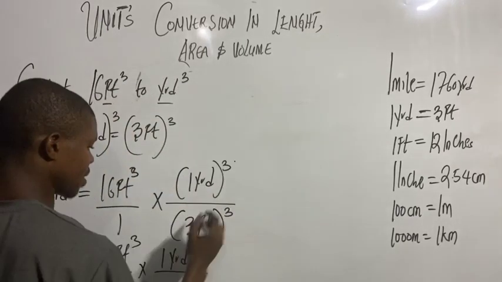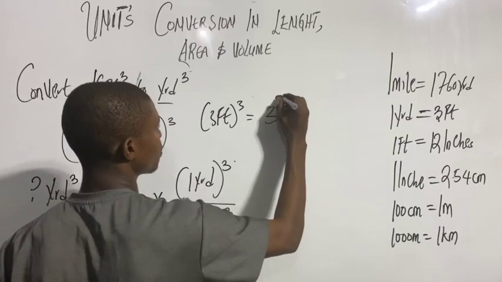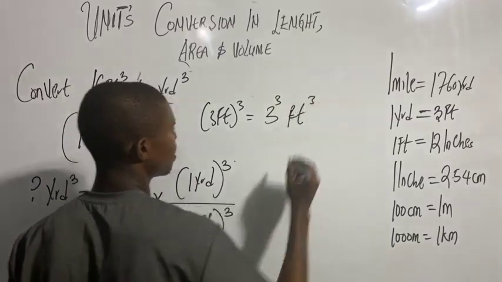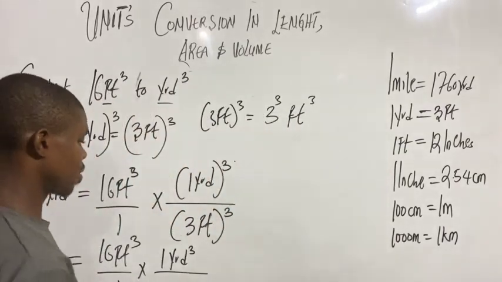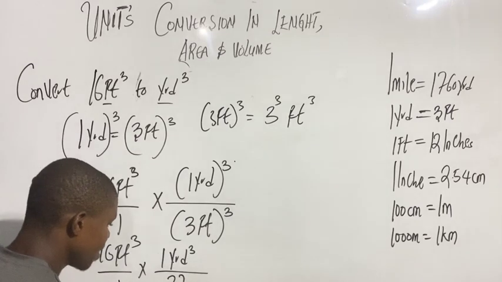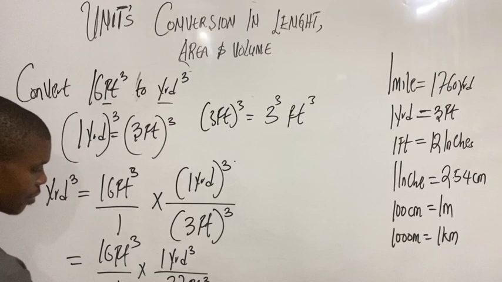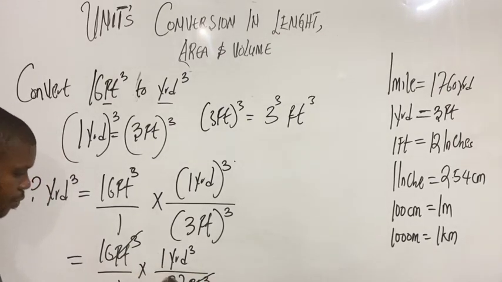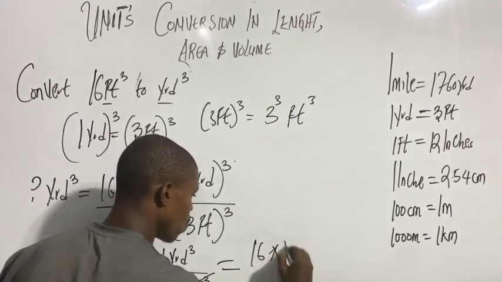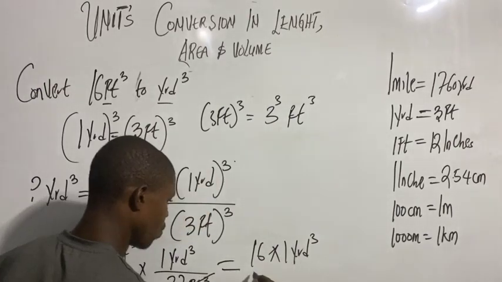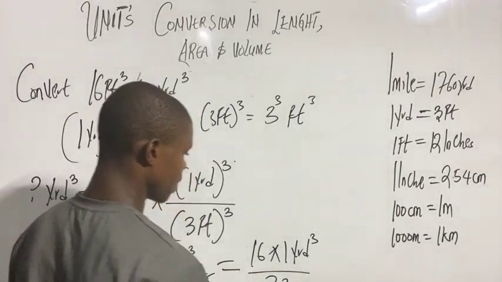Now this one you're seeing here, 3 feet cube, also say that 3 raised to 3, then feet raised to 3, right? 3 raised to 3 should be 27. So 3 raised to 3 is 27. So it will be 27 feet cube. You understand? So that feet cube cancels feet cube. So what am I left with? I'm going to go 16 times 1 yard cube over 27. Just that. So yeah, it's going to be what?